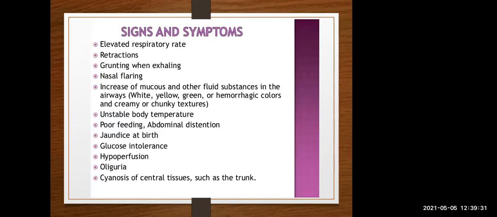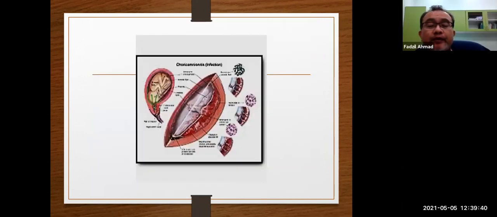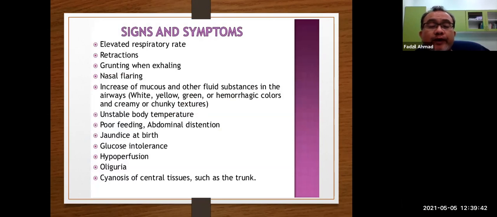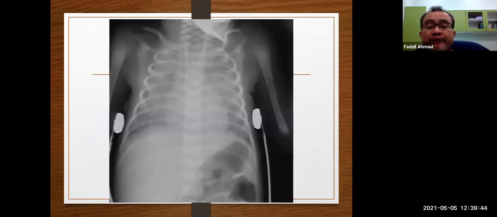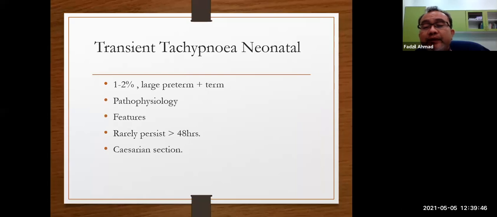Doctor, is there any role of corticosteroid in treating respiratory distress syndrome? We don't use corticosteroid to treat RDS. We use surfactant. If we give it to the mother before delivery, for those with severe prematurity, there's still a contentious issue.